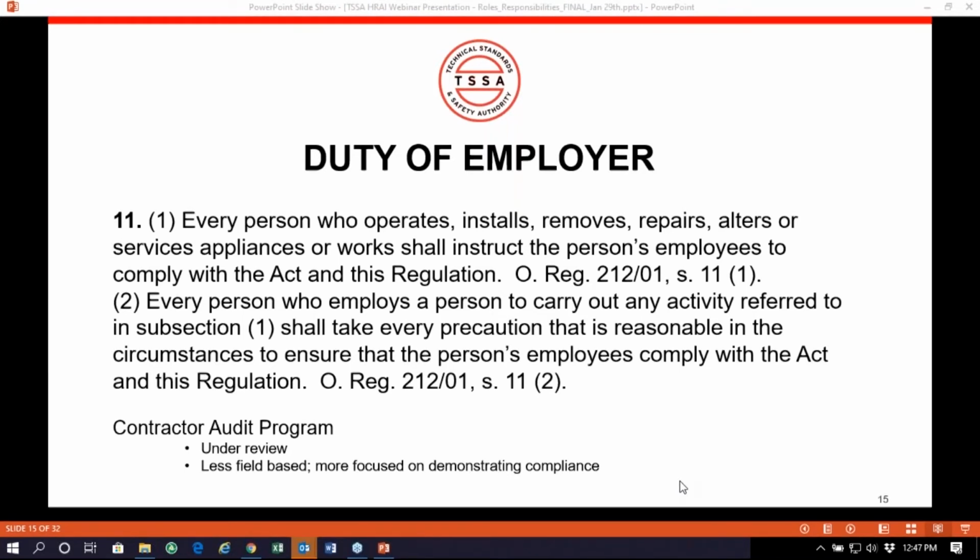There are several options, but I can offer a couple. When you do training of your employees, or if they're taking training, record that, so that you can demonstrate that you've done your due diligence to ensure that your people are properly trained.